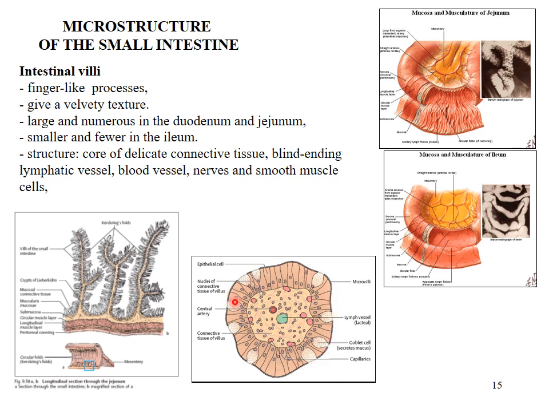It is epithelium, which covers the surface of the villi, and a core of delicate connective tissue with the lymph vessel, the blind central lacteal, also an artery and vein, and then smooth muscular cells and nerves. This is the structure of the core of the intestinal villi.